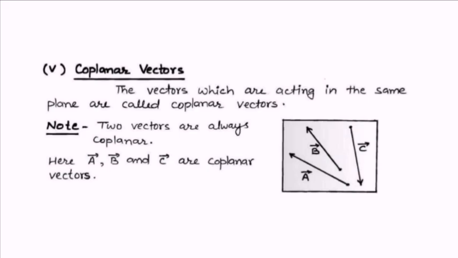Two vectors are always collinear because two vectors always lie in the same plane. Here A, B and C are collinear vectors.